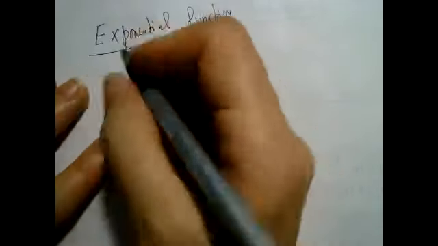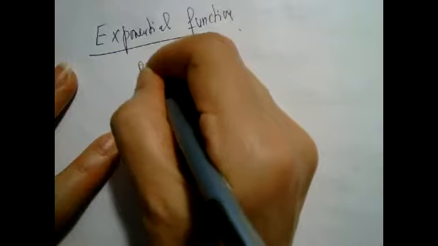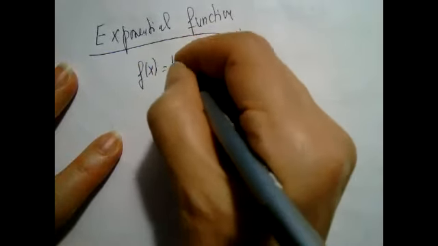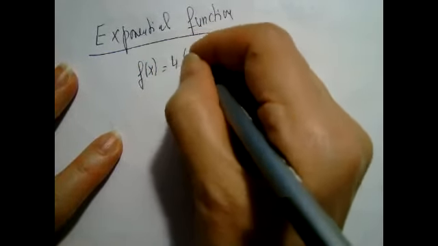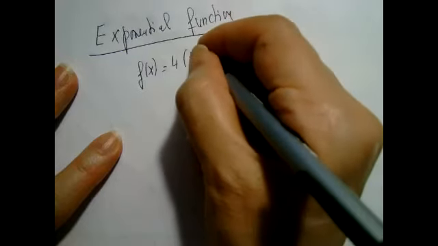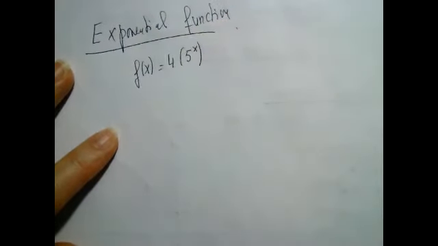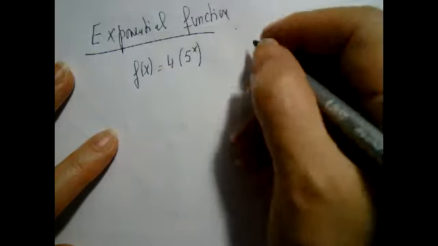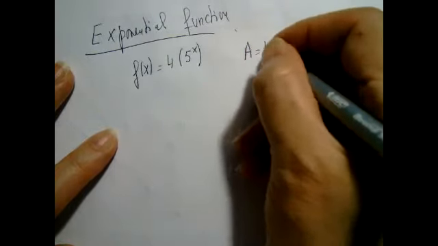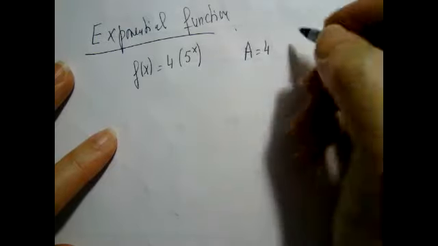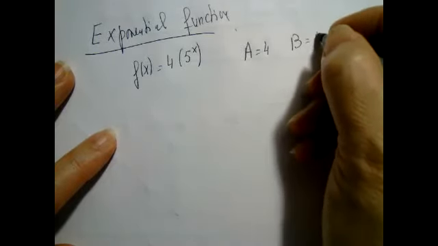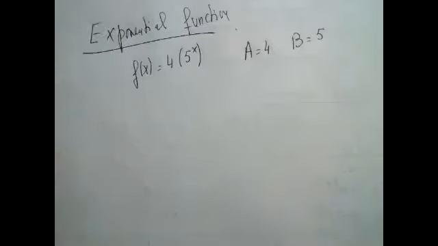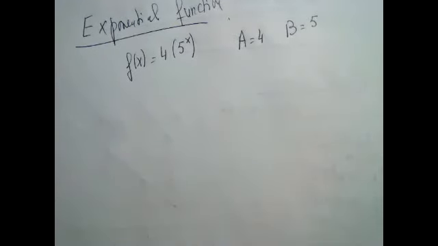Suppose I take the following function: f of x equals 4 times 5 to the x. In this scenario, my a is 4. My b, my growth factor, is 5. Now let's understand a little bit more about the growth factor.